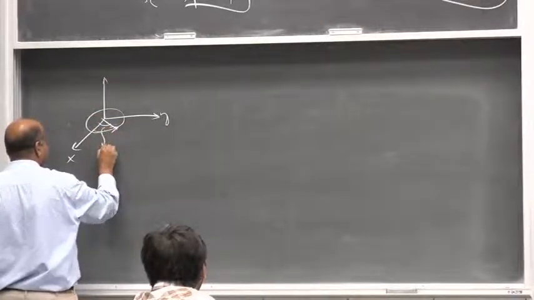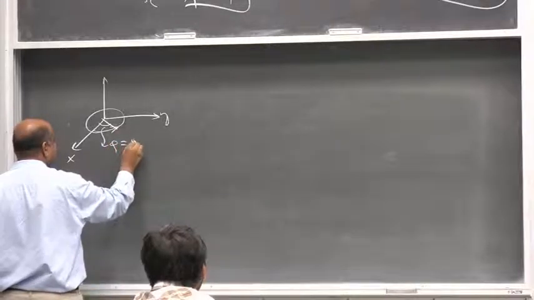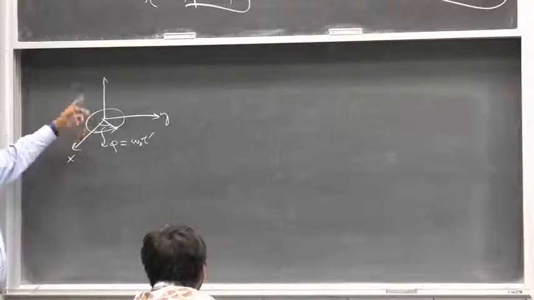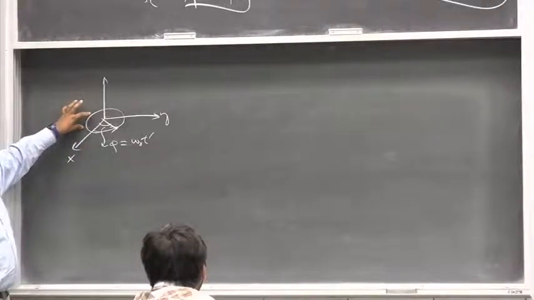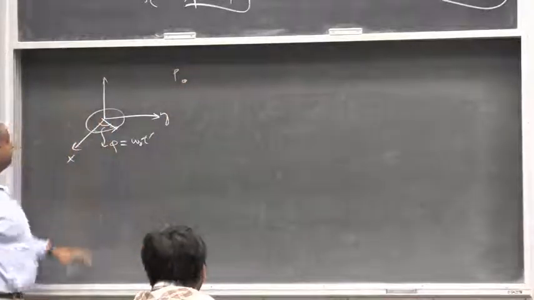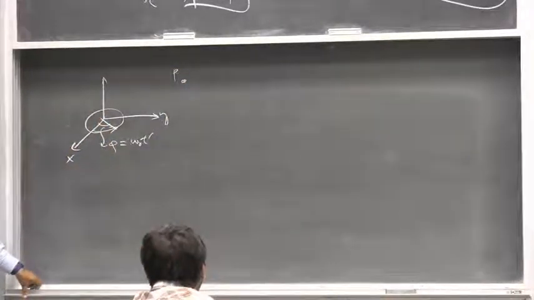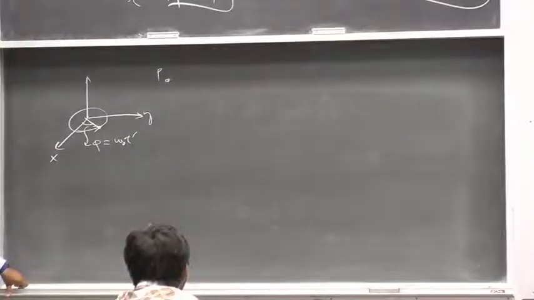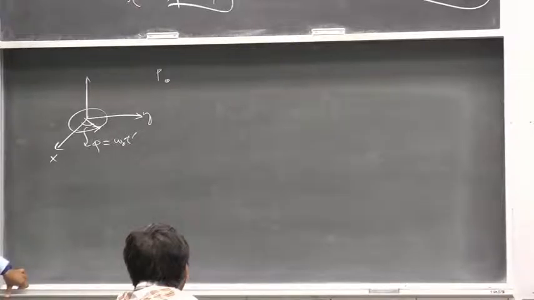So this is some angle phi, which is omega naught t prime, because this is increasing. Then we want to find the field at some point P as a function of frequency. I want to find the weight of different frequencies that are radiated.